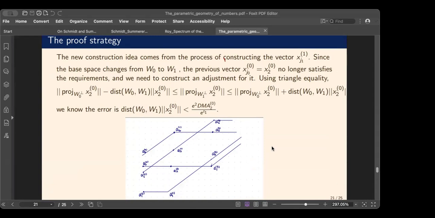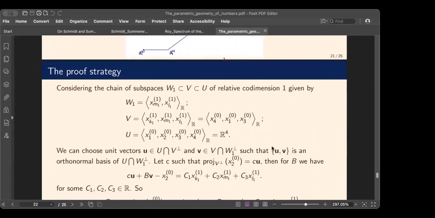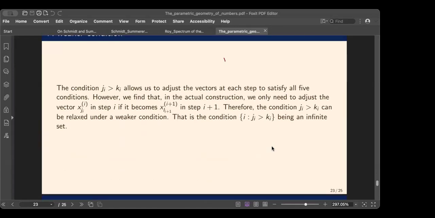Then if in the next step Ki is less than Gi, we can use the same argument to cancel this error. That is what I want to explain here: we need the condition on i such that Gi is larger than Ki to hold for an infinite set.